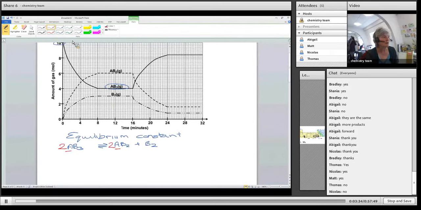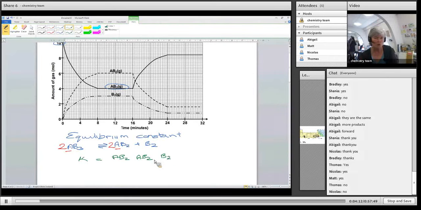So the way we would write out the equilibrium constant for this equation, K for constant, that's the equilibrium constant, and we multiply them together. So what I really have is AB2, and AB2 because I've got 2 of them, and I've got B2.